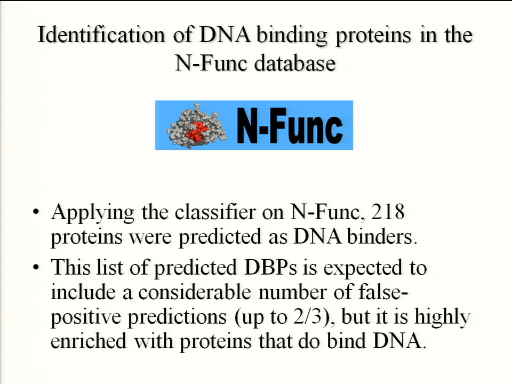And that's much better than what you would get by chance alone. By chance you would get only 15% or less of proteins. So now when an experimentalist wants to look for DNA binders, applying the predictor increases the chance of hitting a real DNA binder significantly.